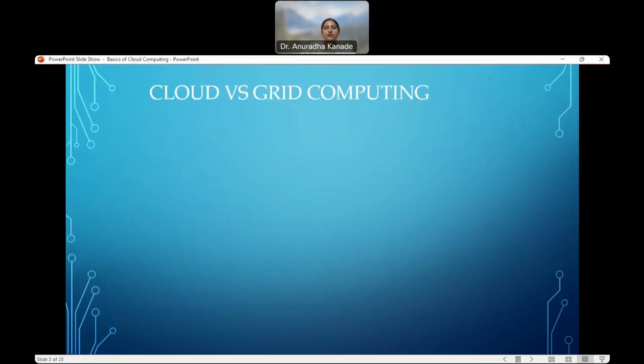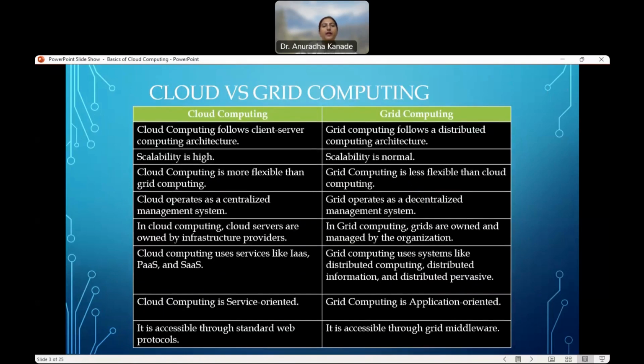Now we'll see the difference between the grid and the cloud computing. Cloud computing is a facility which is provided by third-party organizations to their clients or users through shared resources such as computing power, network, bandwidth, storage, data, or application.